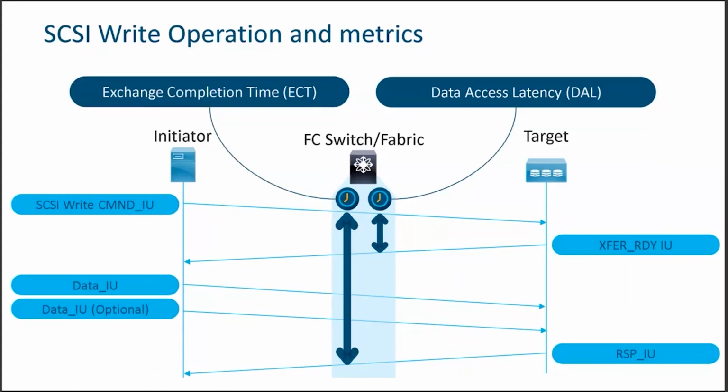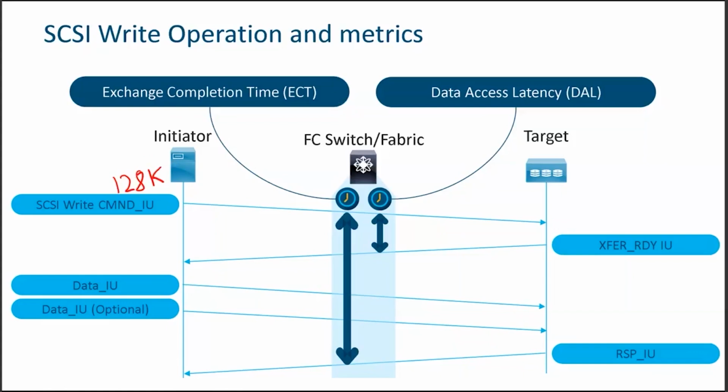Now, there are some small details here which may or may not be relevant, but I'll say them for the sake of completeness. First of all, the initiator may request a large IO size. Let's say the initiator requests 128K of data to be written to the target, but the target may not agree to that.